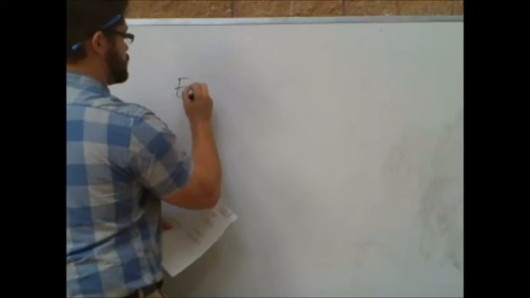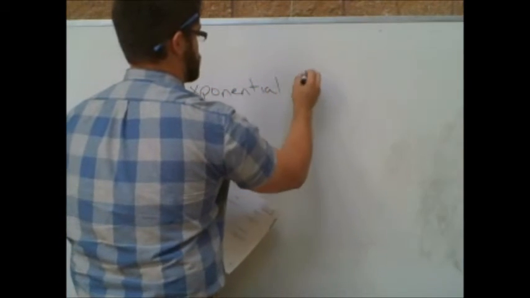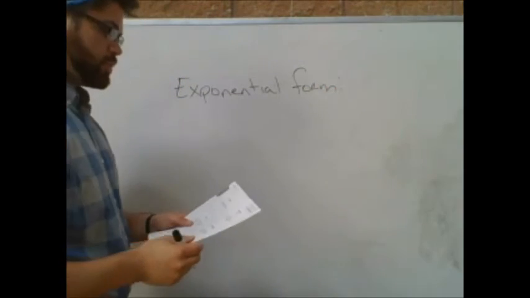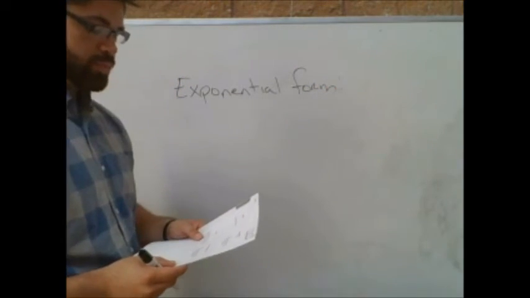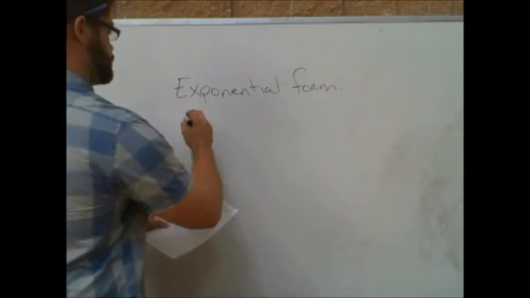Our next definition is going to be exponential form. So exponential form is a way of writing repeated multiplication of a number using exponents.